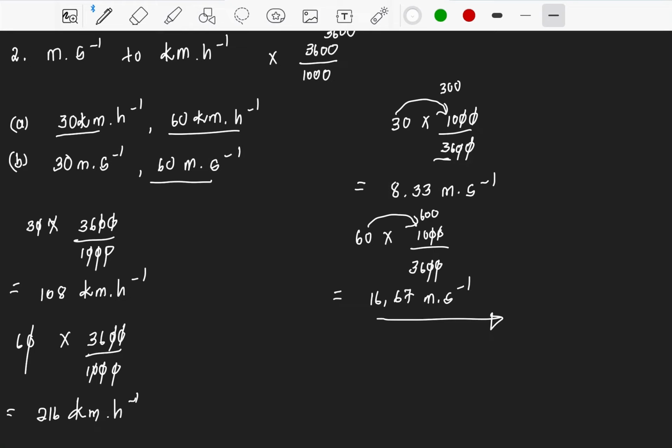So when you convert meters per second to kilometers per hour, you multiply it by a bigger number, which is 3,600, and then you divide by 1,000. But when you convert speed into velocity, which means kilometers per hour into meters per second, you have to multiply by a smaller number being 1,000, and then divide by 3,600.